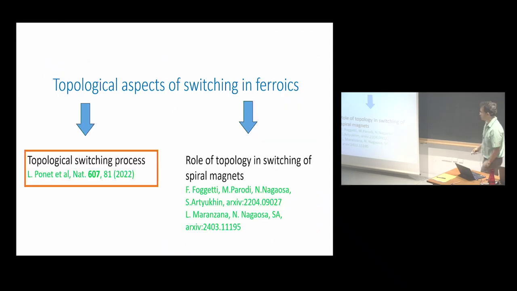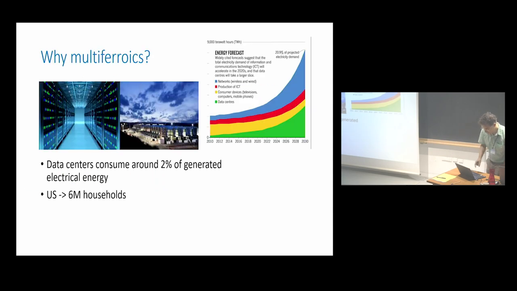So the first part of the talk is the topological switching process. We would like to store lots of information for all kinds of reasons, and currently the information is stored in big data centers, and the amount of energy required for storage is basically exploding.